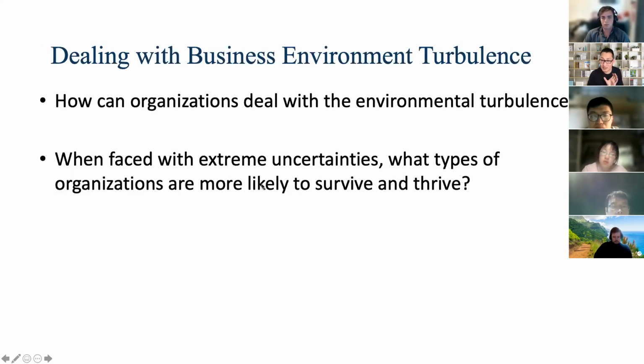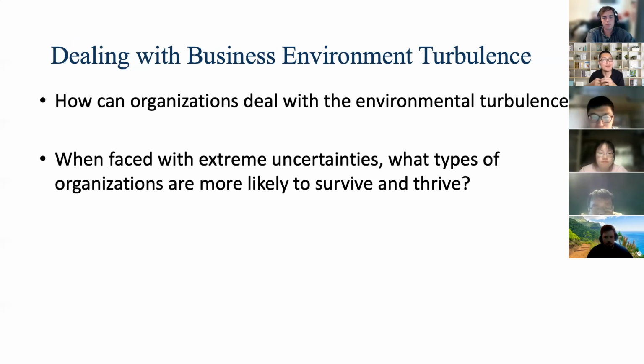So here is the question that I want you to think about. How can organizations deal with environmental turbulence? One great example of this turbulence would be the COVID pandemic, right? It has had a great influence on businesses.